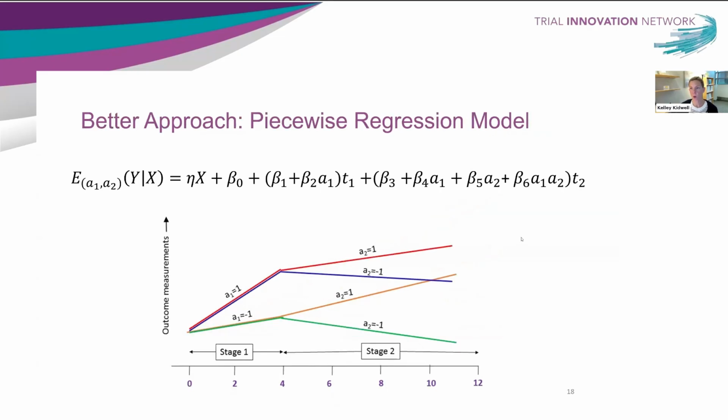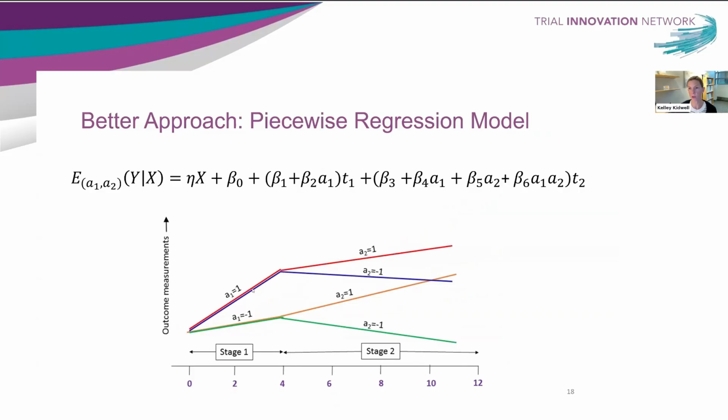So instead, we need to use these piecewise regression models when we're thinking about the longitudinal analysis of a SMART design. And so we've broken down the model into the time in stage 1 and the time in stage 2. And when you're in stage 1, the only effect can be of that first stage treatment. Whereas when you're in stage 2, you can have an effect of the first stage treatment, an effect of the second stage treatment, and there can be this interaction, whether it's a synergistic or antagonistic effect that's happening in stage 2.